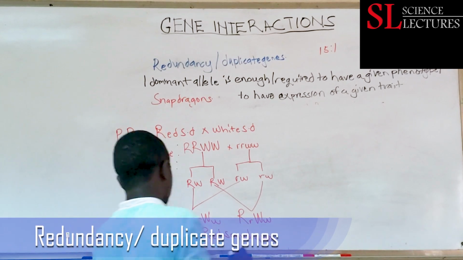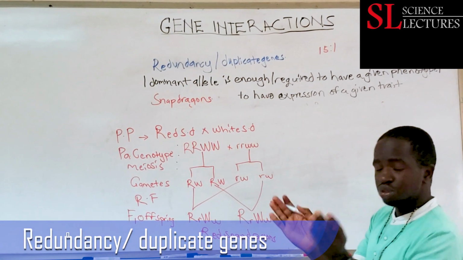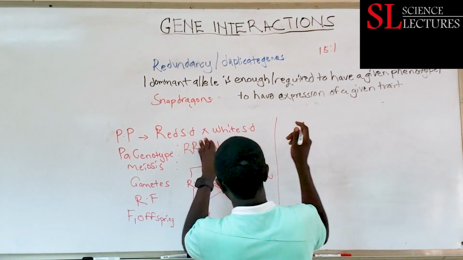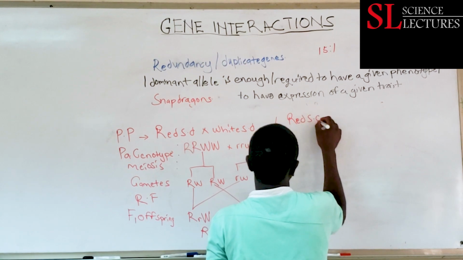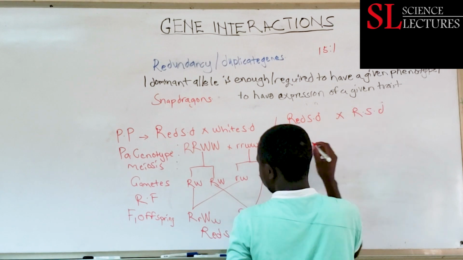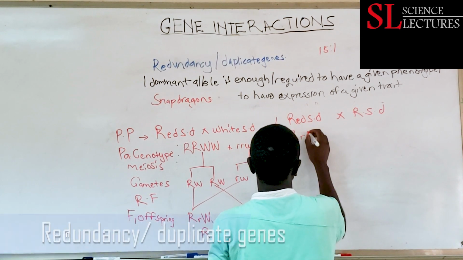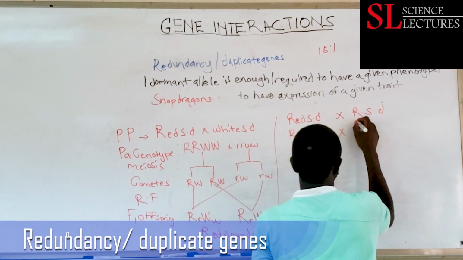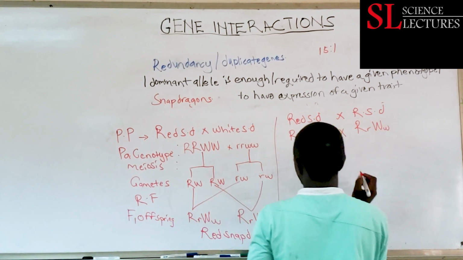Now, when they got these two and tried to cross them, let's see what happened. Our parental phenotype is now a red snapdragon crossed with another red snapdragon. The parental genotype is now capital R, capital W, small w, crossed with another capital R, capital W, small w.